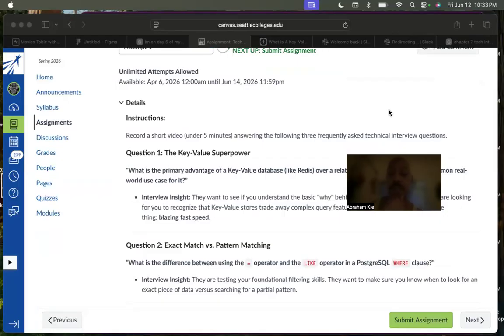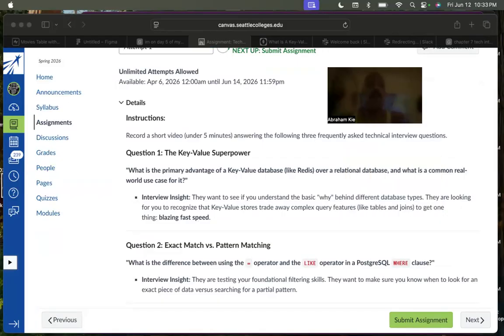First question is, what is the primary advantage of a key value database like Redis over a relational database, and what is a common real world use case for it? So in summary, a relational database is very good.